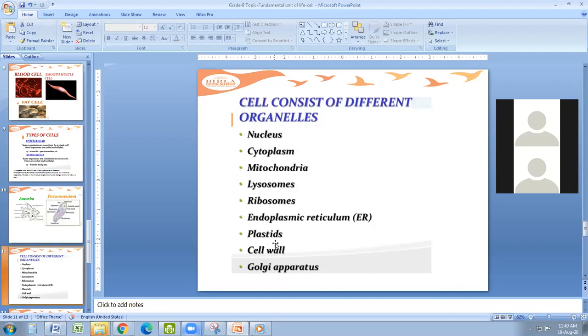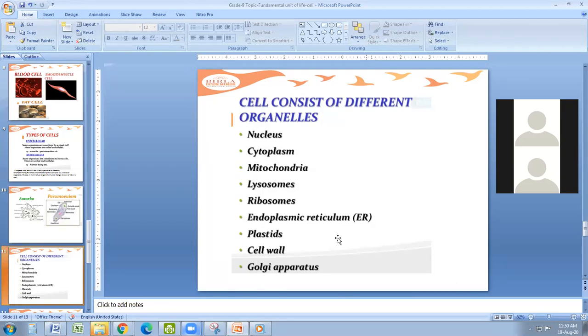There are so many cell organelles present inside a tiny cell. Here are a few organelles being named: the nucleus, cytoplasm, mitochondria, lysosomes, ribosomes, endoplasmic reticulum, ER, which is again divided into SER and RER also.